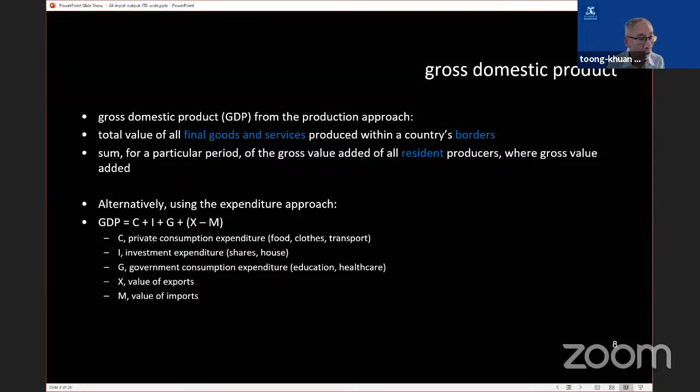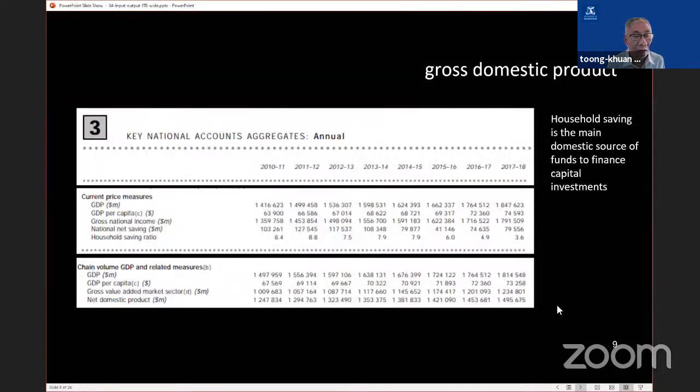Now, if you go to the next slide, if the tables are in English, it basically means that I've obtained this from the Australian Bureau of Statistics. So these are the key national account aggregates for Australia. It is a bit old. This is in 2017, 2018.